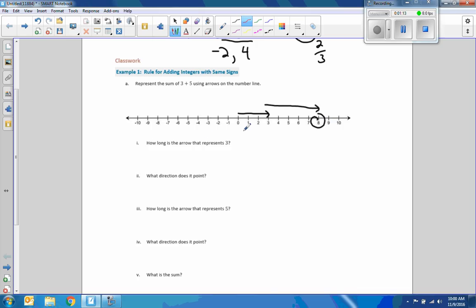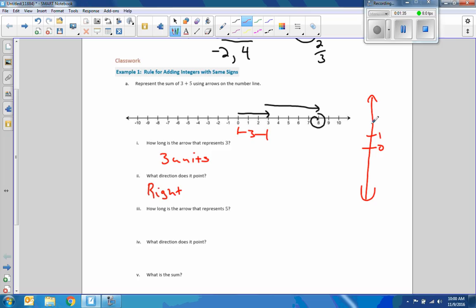How long is the arrow that represents 3? That's right here, and the length of it is 3 units. What direction does it point? Okay, right on this number line. But now we can also do a vertical number line. Think of it as the y-axis.